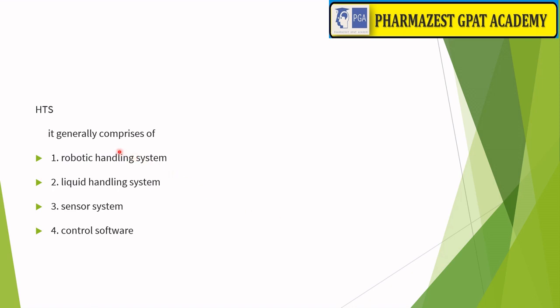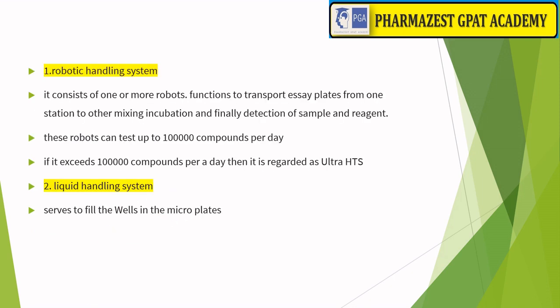Next, coming to high throughput screening. It generally comprises a robotic handling system, a liquid handling system, a sensor system, and control software. First one is the robotic handling system. It consists of one or more robots.